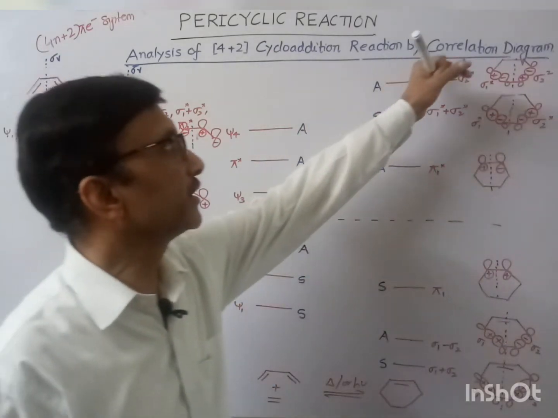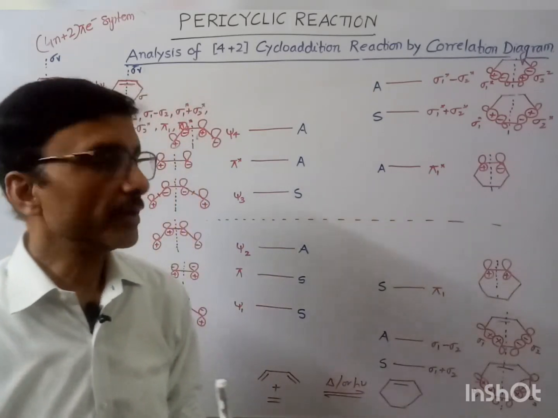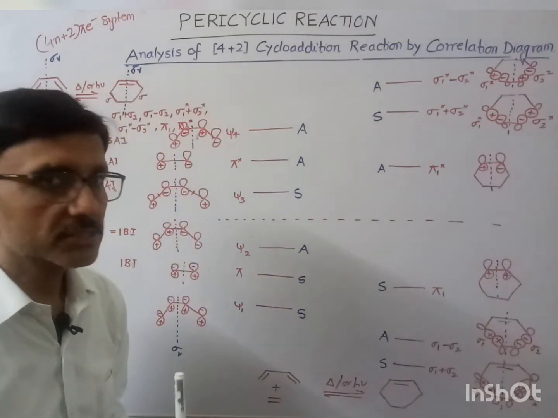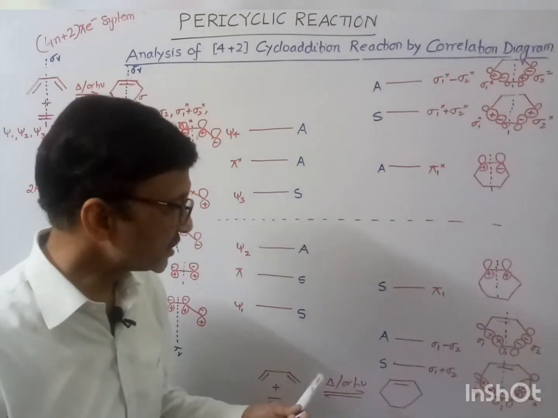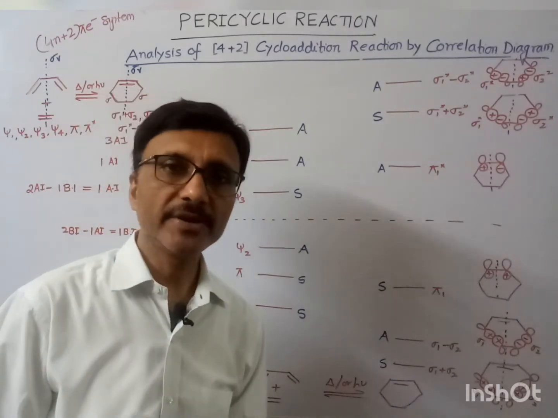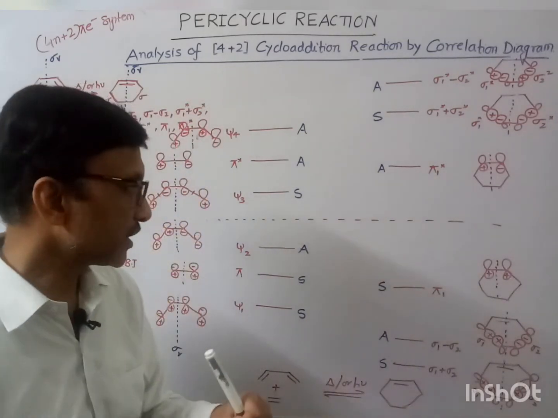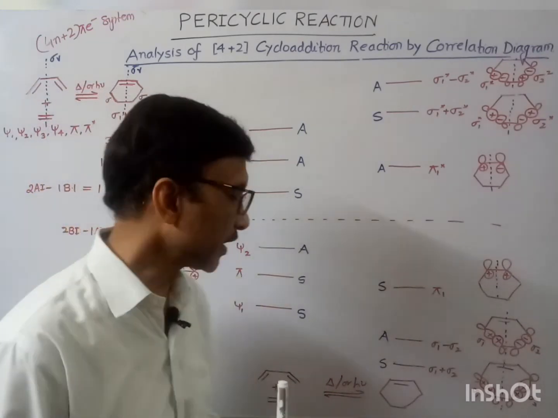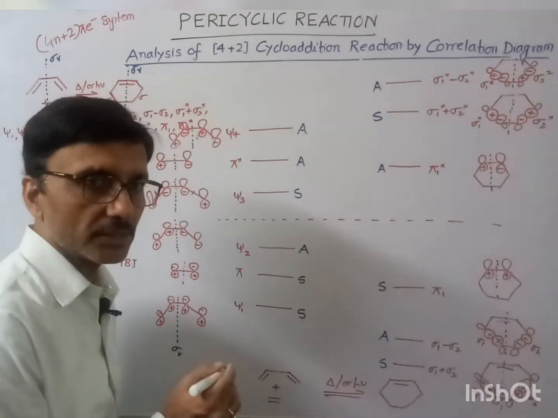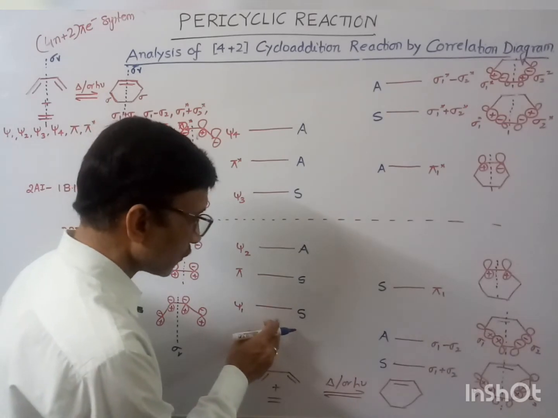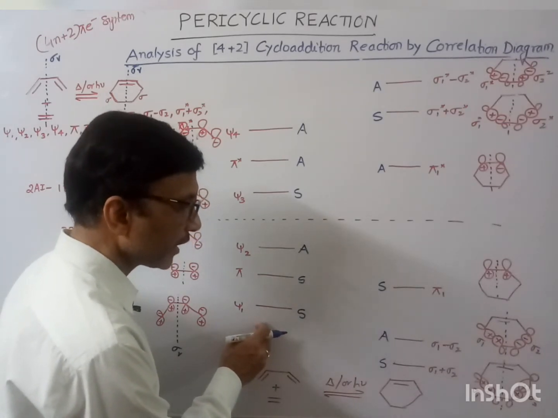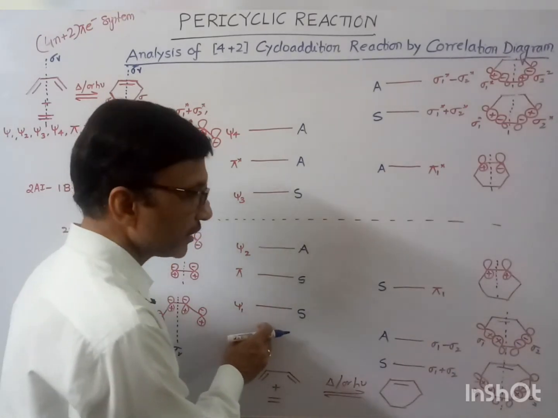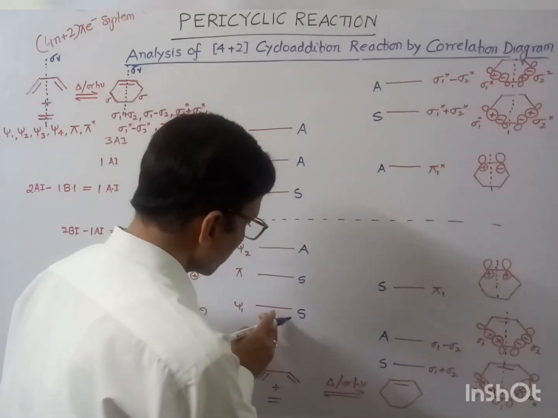Now in a correlation diagram, the molecular orbitals in reactant and product which have the same symmetries are joined with the help of a straight line. So we should look for the molecular orbitals of the reactant having the same symmetry in the product.